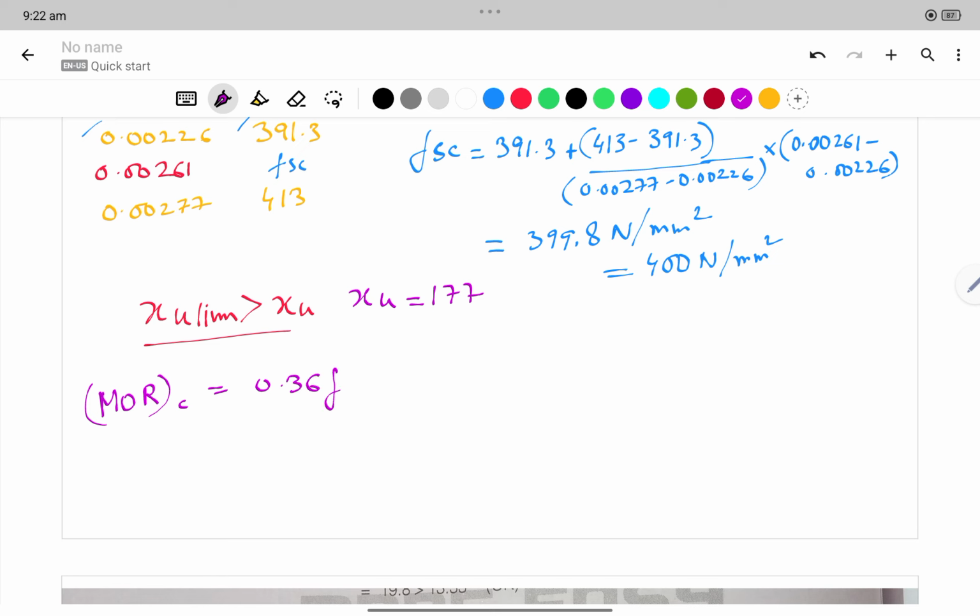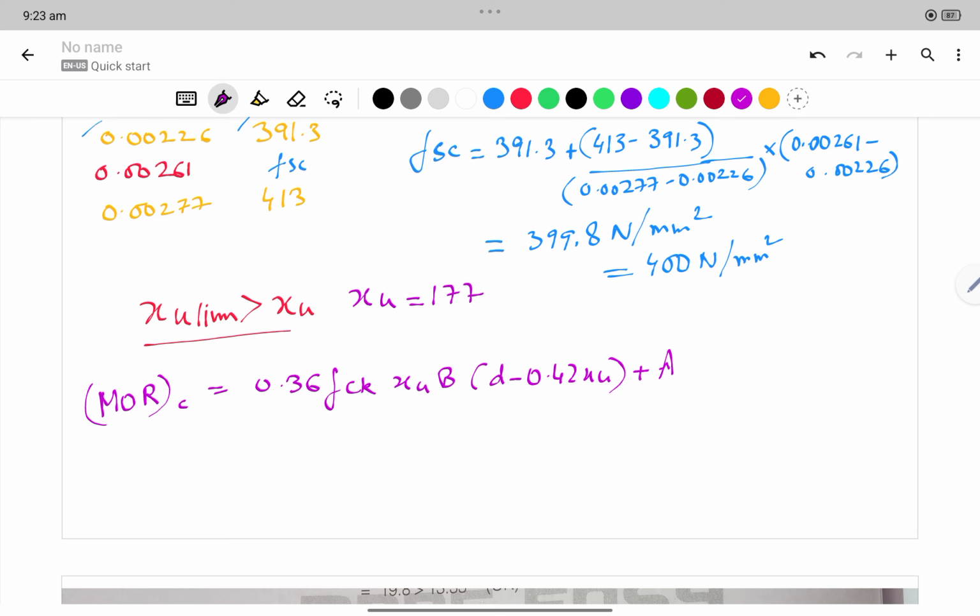0.36 FCK XU B. Okay, so this is the force into lever arm D minus 0.42 XU. Okay, so this thing will be same. Now what will come?